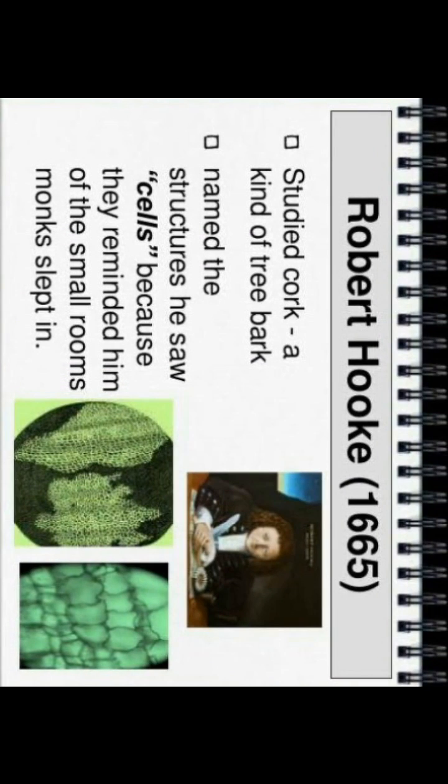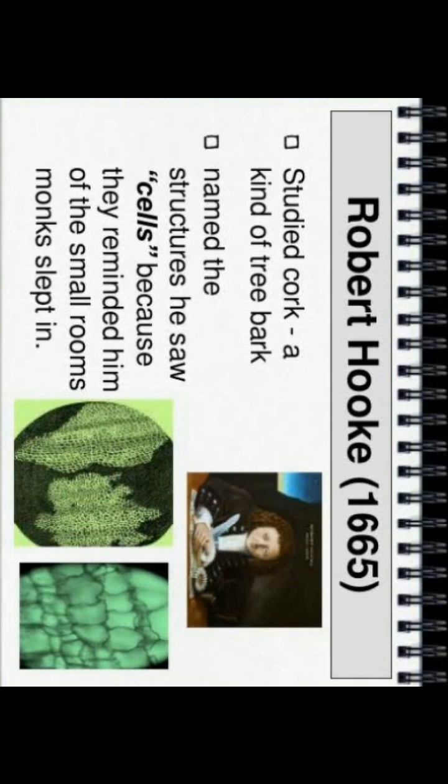So now you see the screen about Robert Hooke. One more important point. He studied a cork, a kind of tree bark, and named the structures he saw as cells because they reminded him of the small rooms monks slept in.